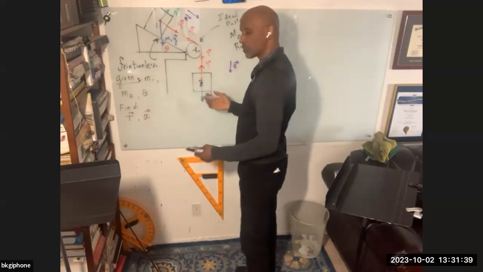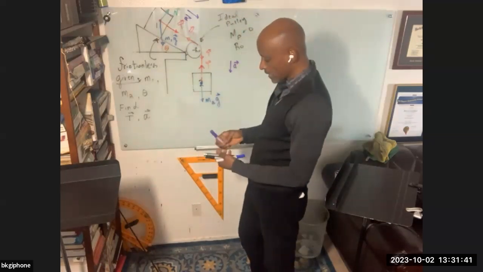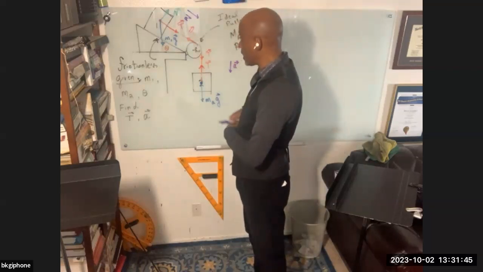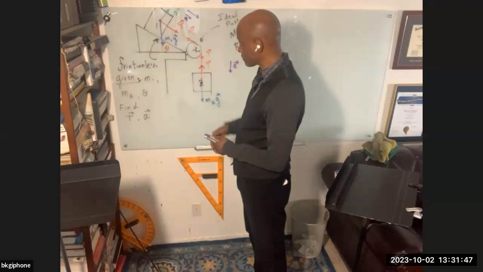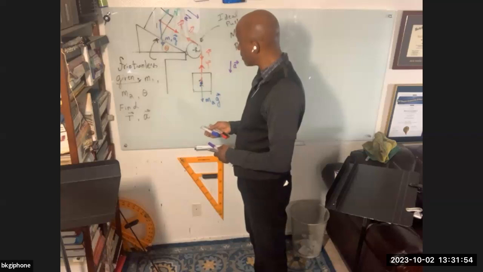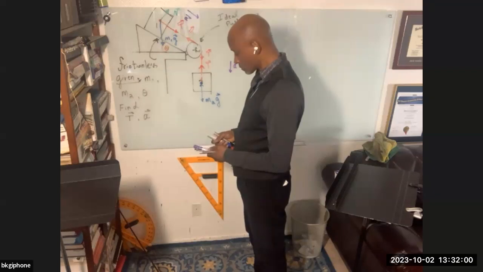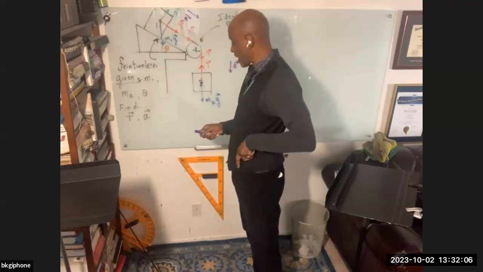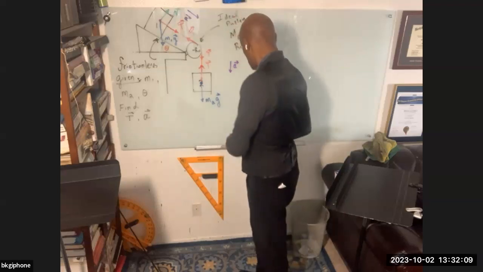Now, there's several ways you can think about this. I taught you how I like to think about it the other day. I'm going to go over that real quick again. I'm going to place my axis here. Technically, I want to use the same axis to evaluate both objects.